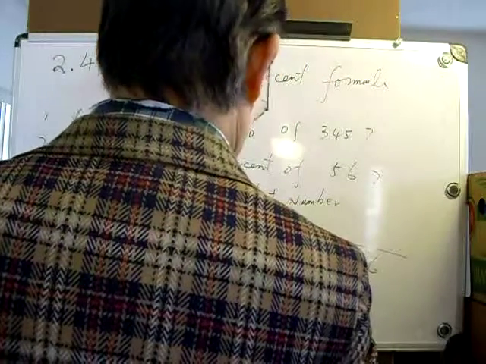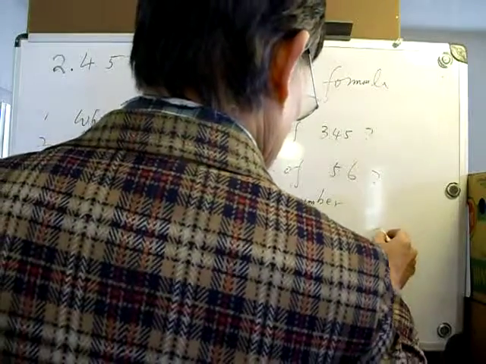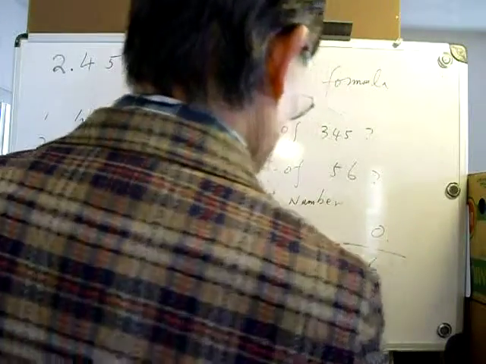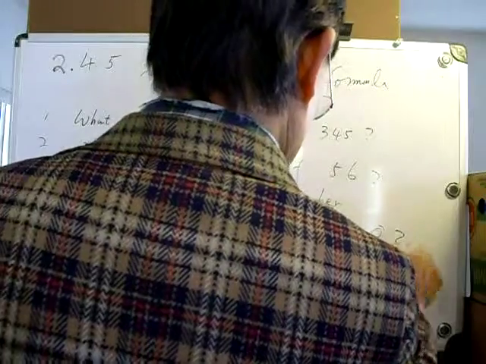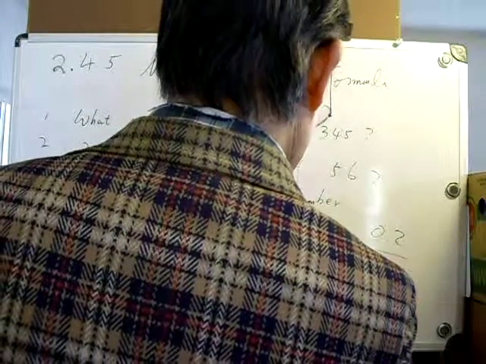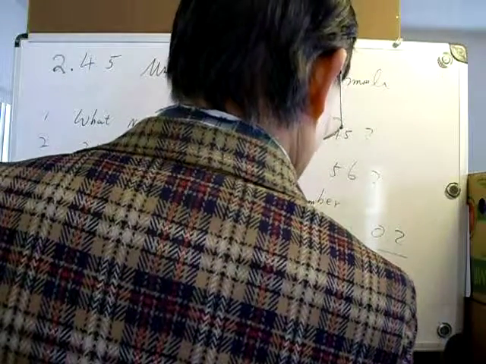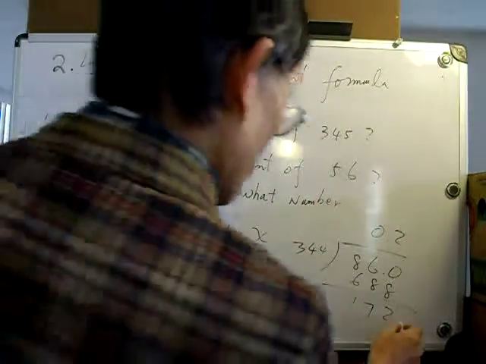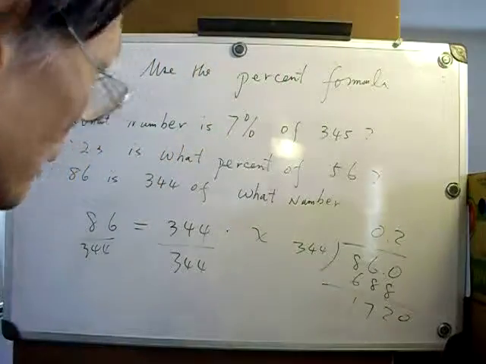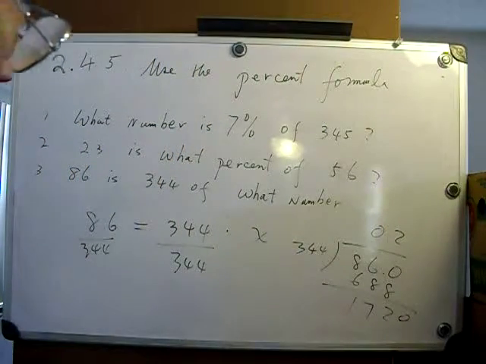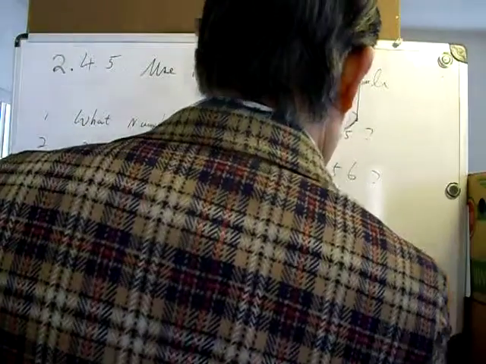86, 344. So 0 here. So put a 0 here. 2, 8, 8, 6, 2, 5, 7, 172, 0. So let's see, 5. No, 5 will not be enough. 4.